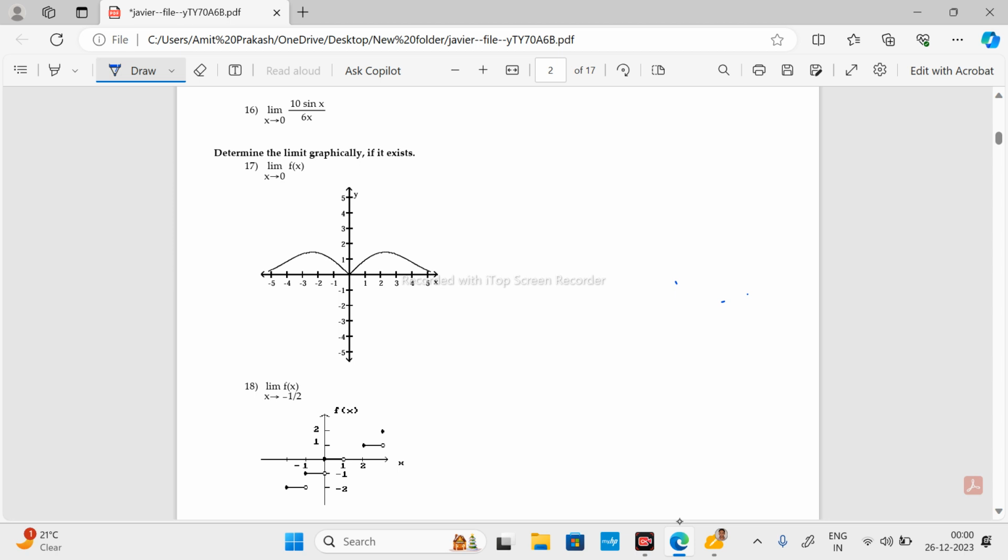At x equals to 0, on the right side the value of the function is 0, and on the left side this is also 0. So the graph is continuous, so limit x tends to 0 of f(x) equals f of 0, and this equals 0.